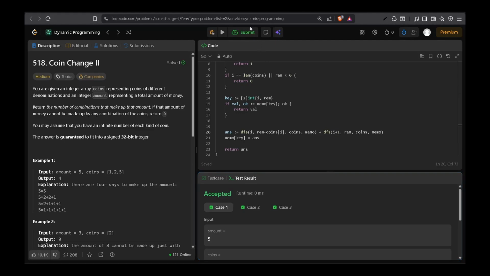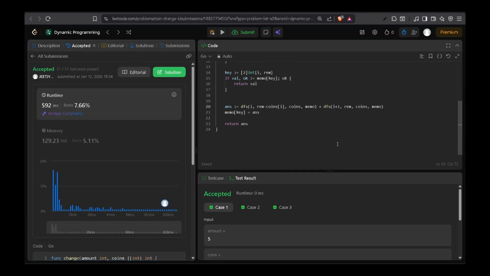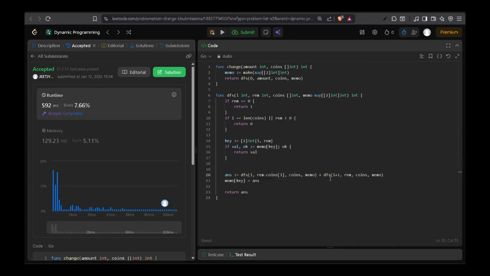And it's working, I think. And we have passed the test cases. Nice. This was the solution for this question, and I'll see you in the next one.